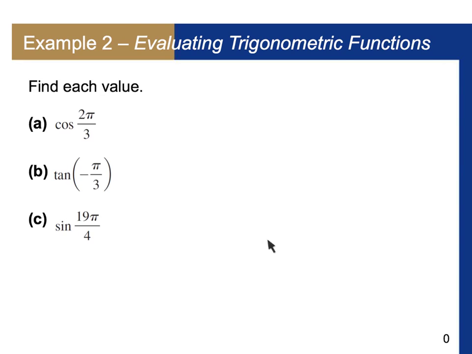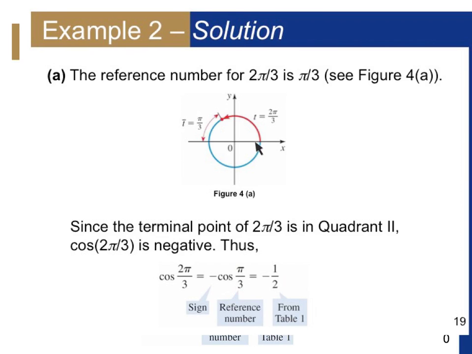Let's look at some trig functions outside the first quadrant, like cosine of 2 pi over 3. Remember that 2 pi over 3 takes us 2/3 of the way around the half circle. This is our t, and we're going positive, so we go counterclockwise. Our reference number, t bar, is pi over 3. So we're going to use the numbers from pi over 3.